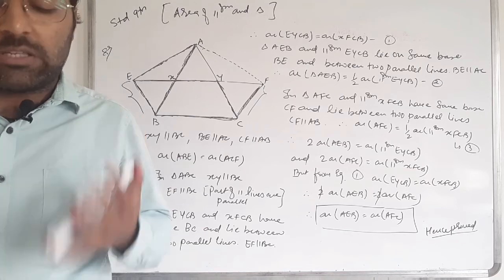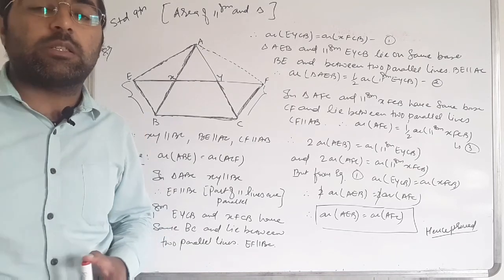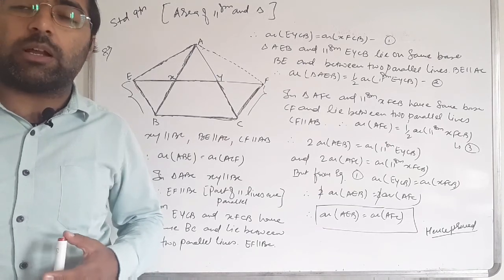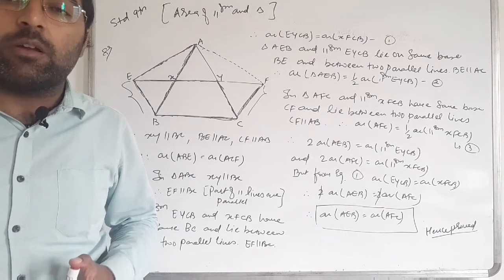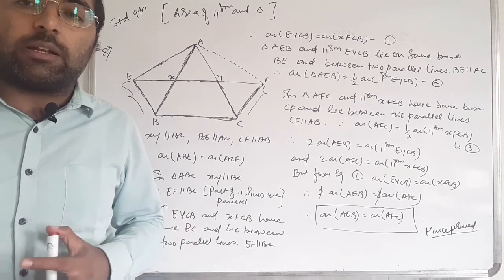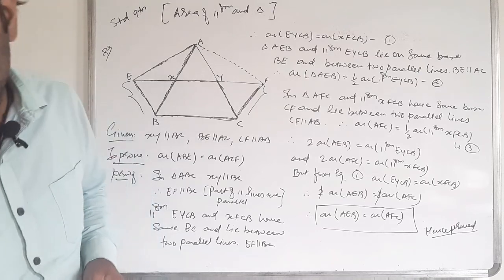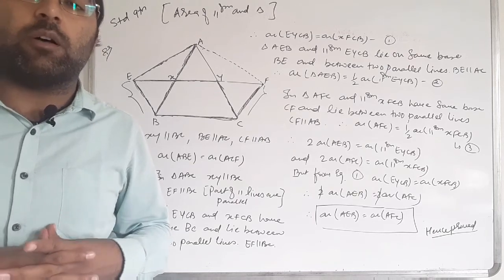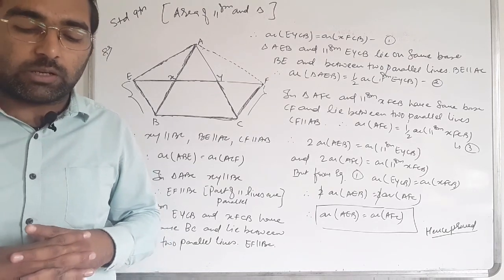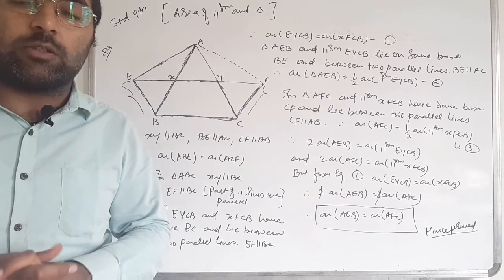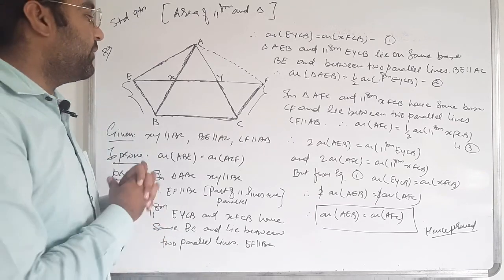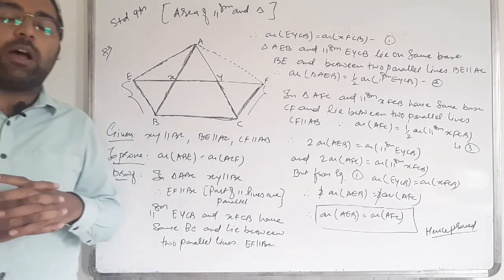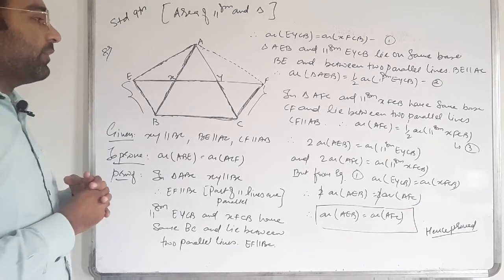First of all you must understand what is said in the question, and using the given things we first draw the figure of everything that is given. So you must understand the figure and how to prove from the figure.